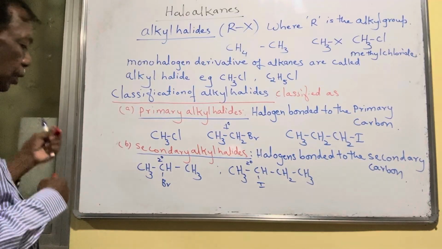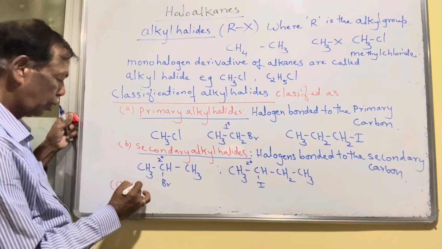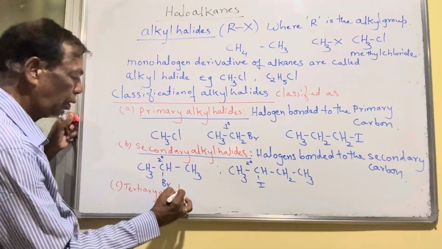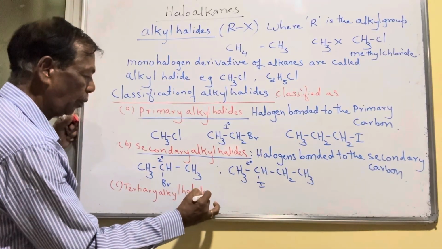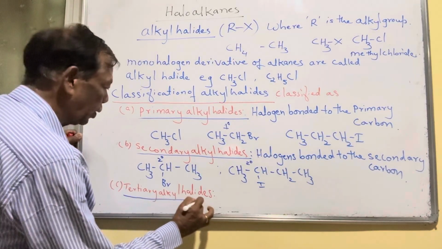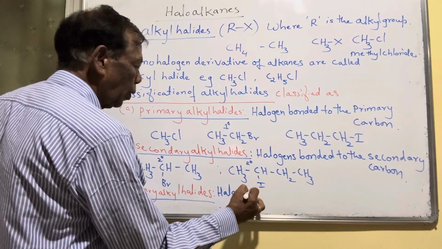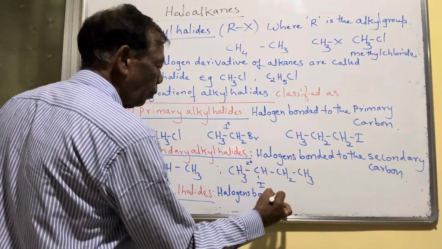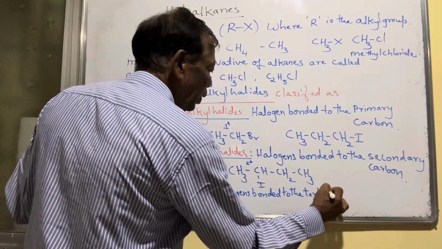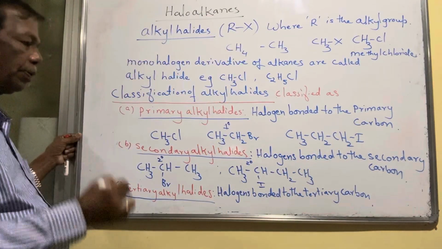Then we have C, tertiary alkyl halide. So in this case, the halogen is bonded to the tertiary carbon. Let me give an example here only.